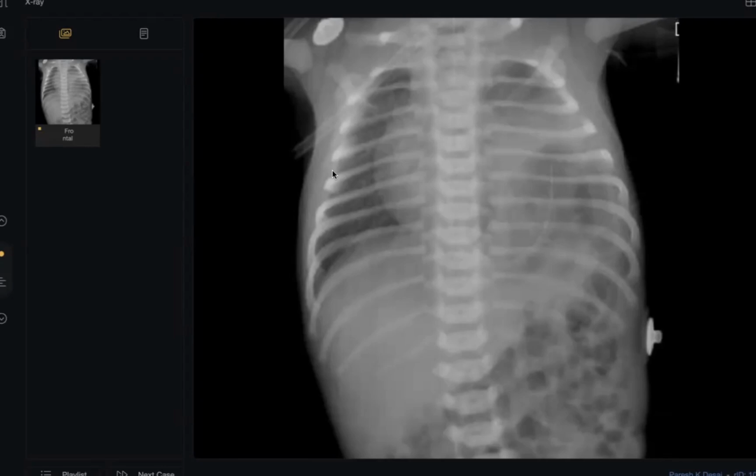Is this an emergency case or not? So this is an emergency case, yes. Why? Because it is causing compression of the lung volume and contralateral mediastinal shift. What about this lung? It is almost collapsed, hypoplastic. Why hypoplastic? Because of the mass effect by the hernia, because this is in utero. Yes.